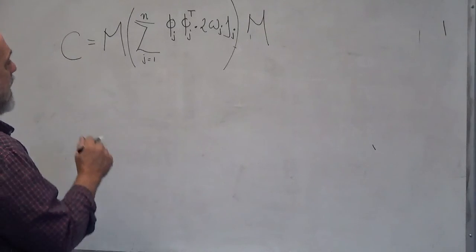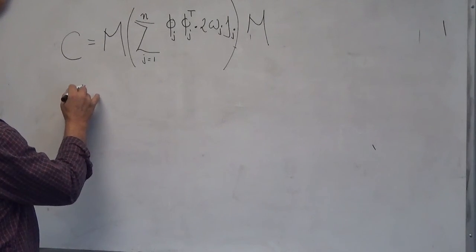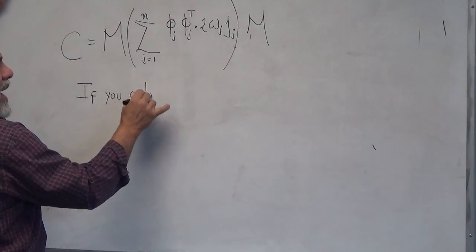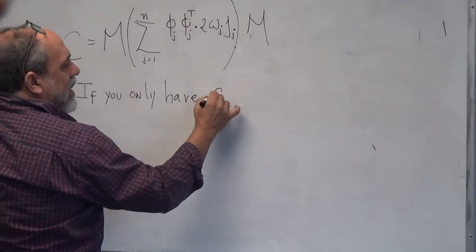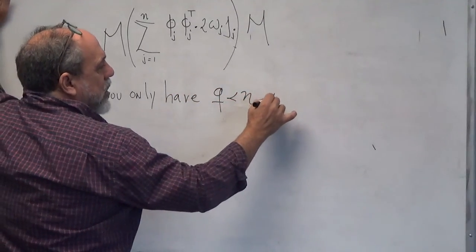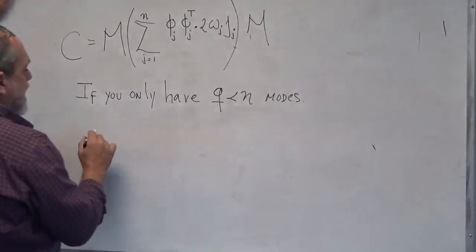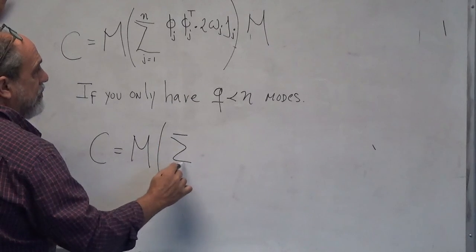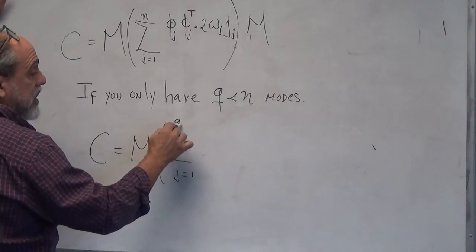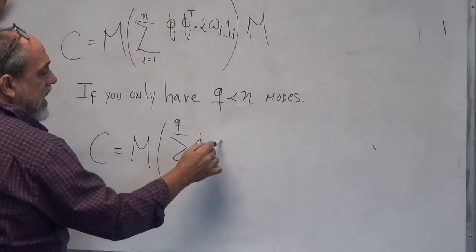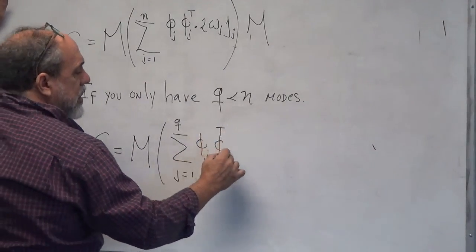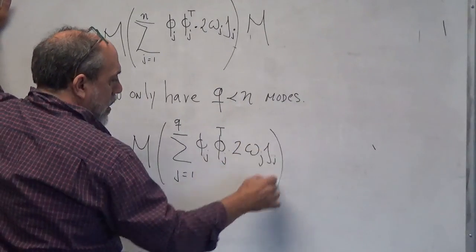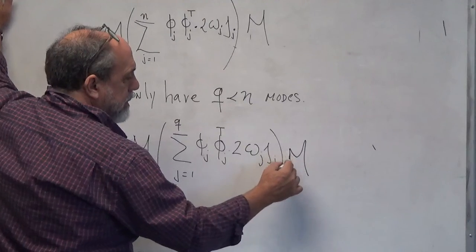So if you only have Q less than N modes, which you've calculated, you can of course calculate it from here as summation from j equals 1 to Q, because that's all you have, of the phi j phi j transpose times 2 omega j psi j, close, and then multiply times the mass again.